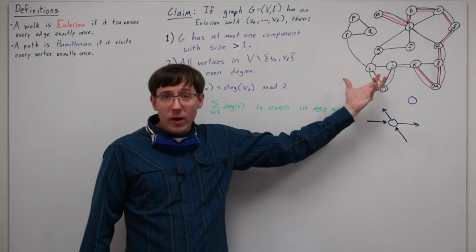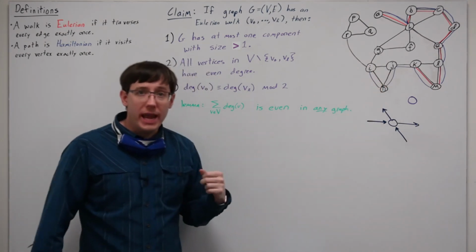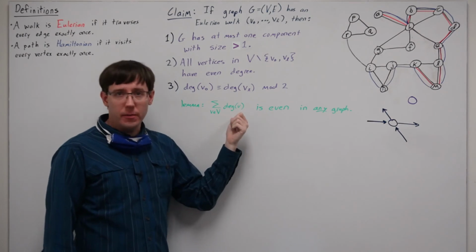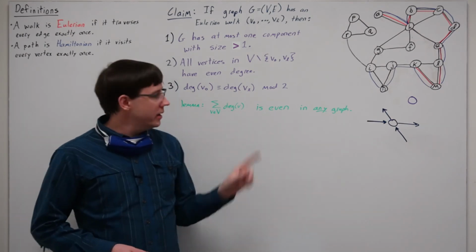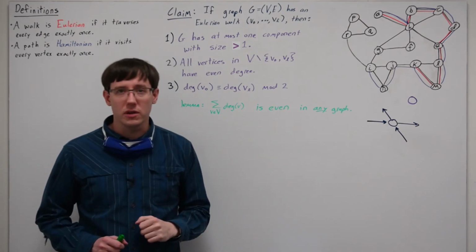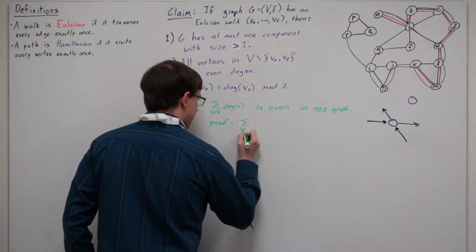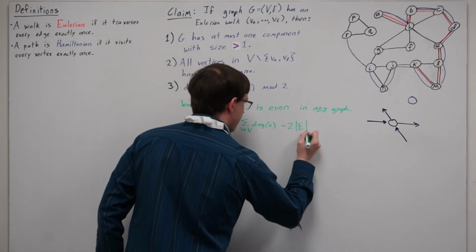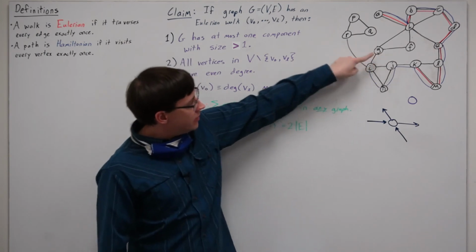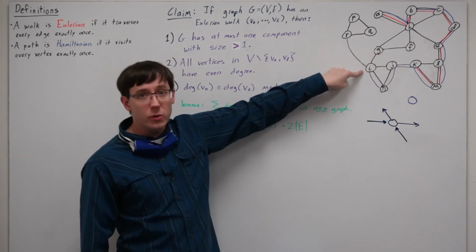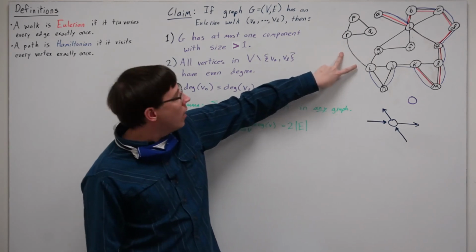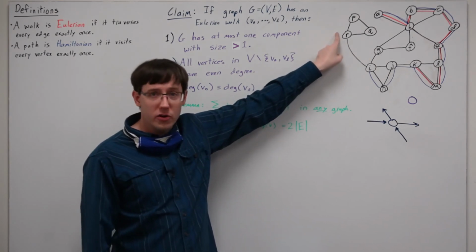In any graph we might draw, when we add up all of the degrees, that total must be even. Why is this? Well, it's because the sum of the degrees is twice the number of edges. Because when we add up the degrees, each edge incident on a vertex will contribute 1 to its degree, and each of those edges will also contribute 1 to the degree of some other vertex.